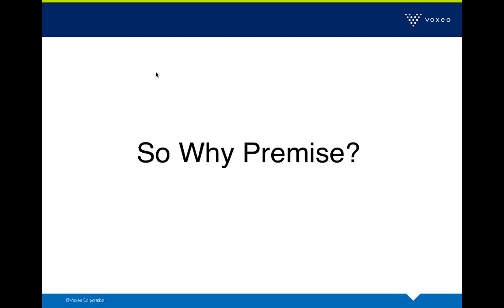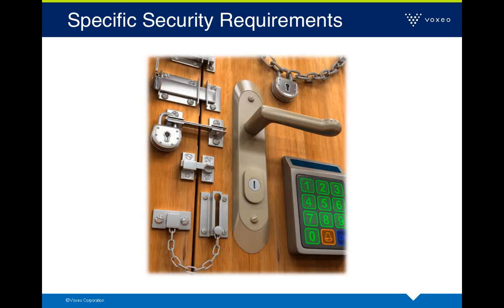So if I'm talking about all this, you might say, so why even consider a premise installation? And the answer is there's some very strong reasons to look at a premise installation. A key one that we've come into a number of times is very specific security requirements. We had customers, as I mentioned, Voxeo started out back in 1999 and 2000 as a hosted platform. And then in 2006, we rolled out a premise product because we had customers who wanted to bring it into their data centers, and several of them had very specific, very stringent security requirements that they had to meet.